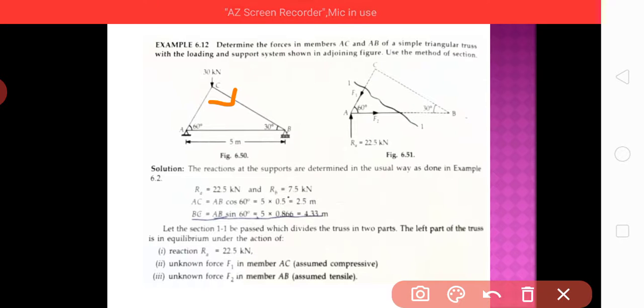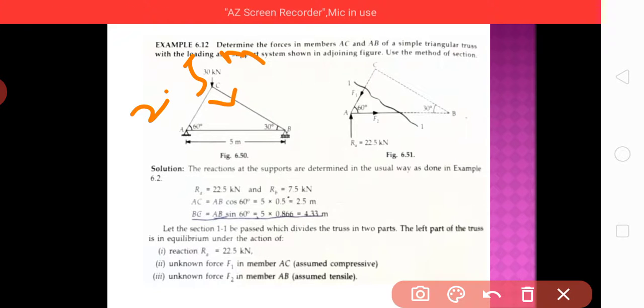So we can calculate that AC is equal to AB cos 60, that comes out to be 2.5 meter.